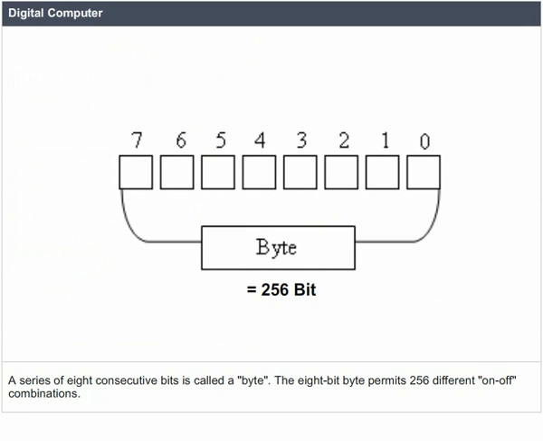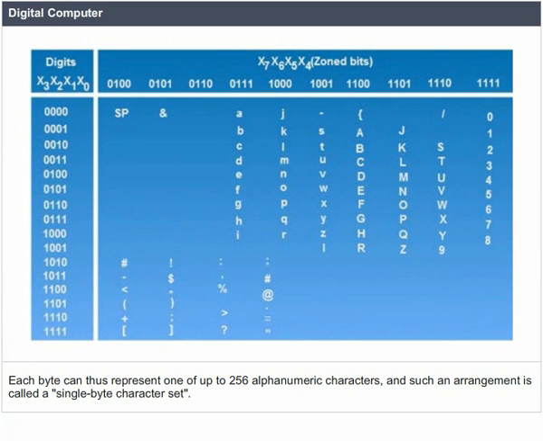A series of 8 consecutive bits is called a byte. The 8-bit byte permits 256 different on-off combinations. Each byte can thus represent one of up to 256 alphanumeric characters, and such an arrangement is called a single byte character set.